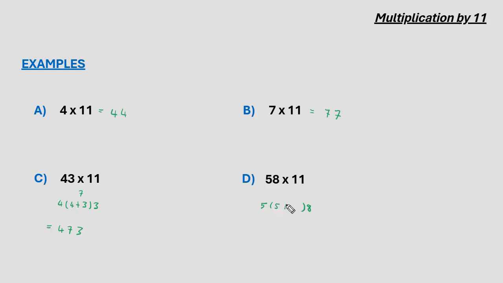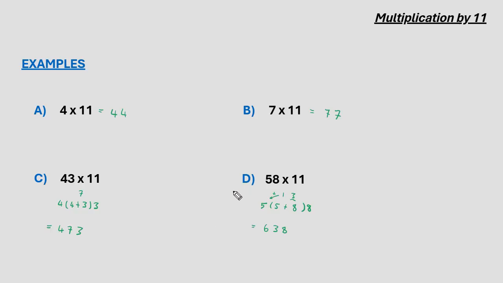Inside we do 5 plus 8, and that gives us 13, a number greater than 10. So what happens is 3 stays put, the 1 is carried left, added on. So what we get is 638. And that's the answer to 58 multiplied by 11.